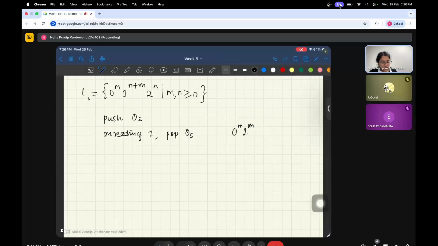Now after that point you are going to push the remaining ones, and that would mean the remaining ones would be 1 to the n. And now you read 2 and pop ones, so that you are checking for 1 to the n, 2 to the n. So this is like concatenation of these two languages.